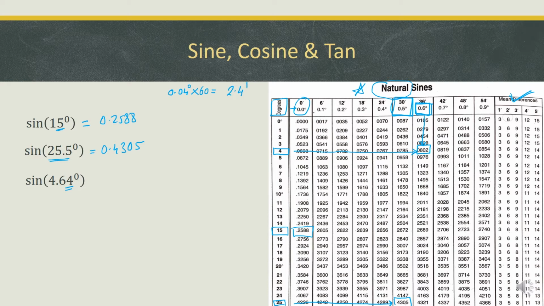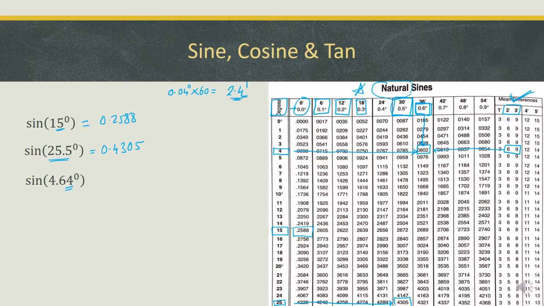Now this is minutes. Okay, over here also you can see 0.1 degrees converted into 6 minutes because it is multiplied by 60. Likewise, 0.2 into 60 will give you 12 minutes. 0.3 into 60 will give you 18 minutes. So we got 2.4, but what we have in the mean difference table is 2 and 3. So we will take some in-between value.